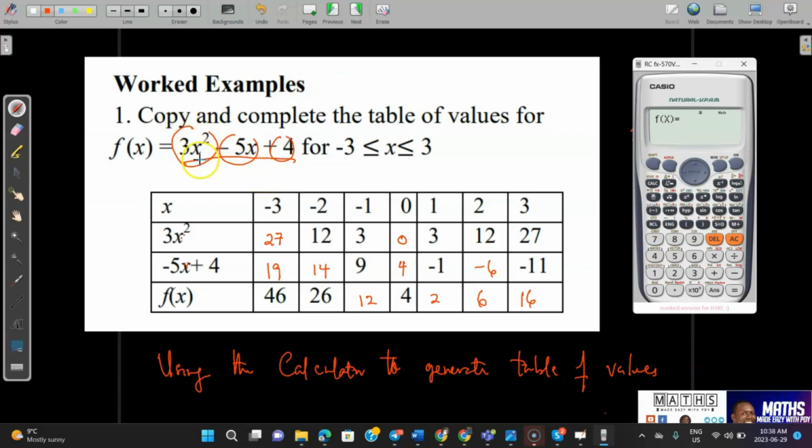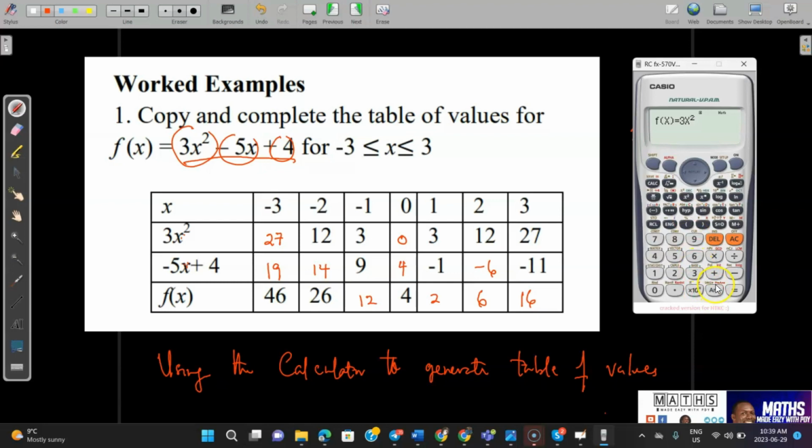So our f of x was 3x squared minus 5x plus 4. So you key in 3 and you go for x. To call for x, you press alpha and then x. Alpha and then x. But it is 3x squared, so we square it.